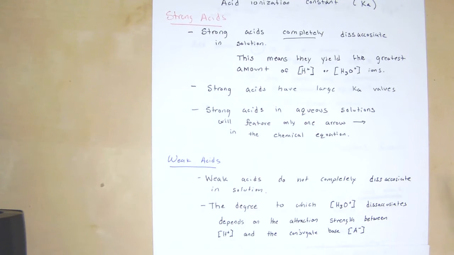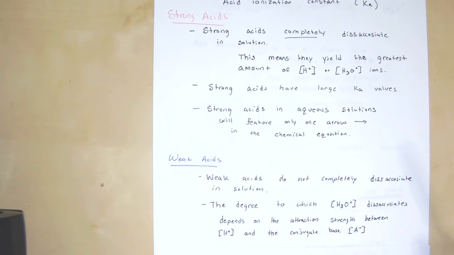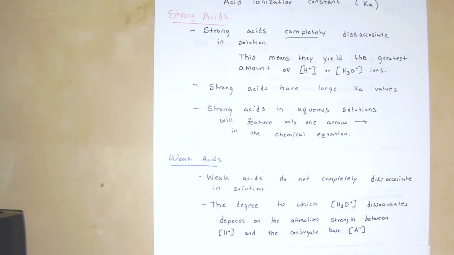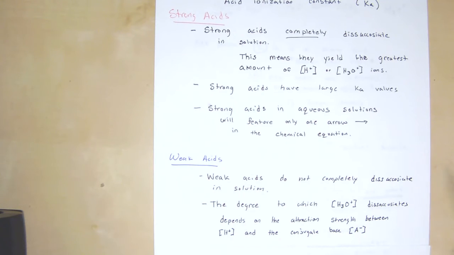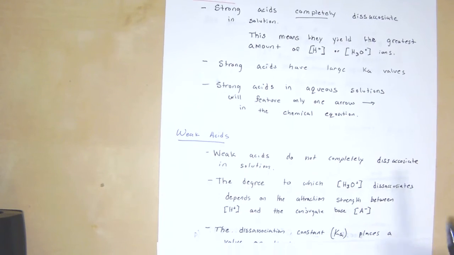Later on in the chapter, we're going to go through calculating exactly which one is more attracted to another, and how we're going to determine that. But for now, we're just going to settle with this definition: the attraction strength determines the dissociation of the hydronium in a weak acid.